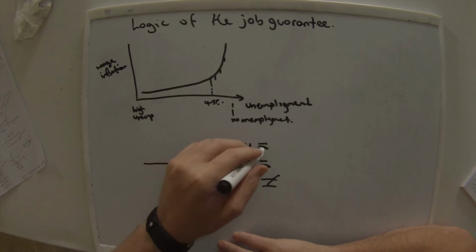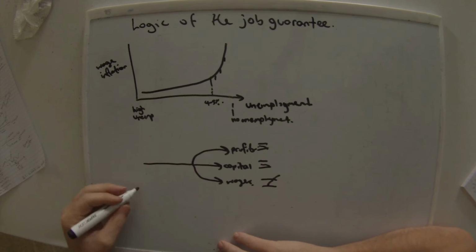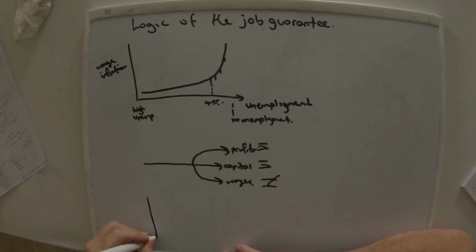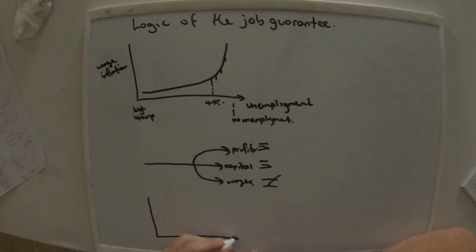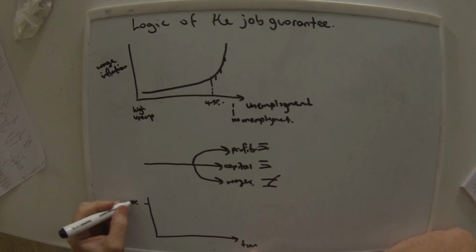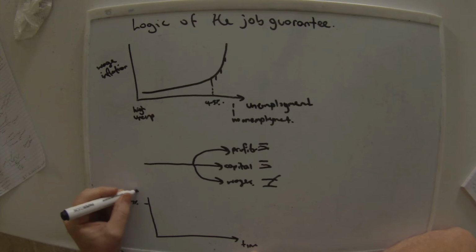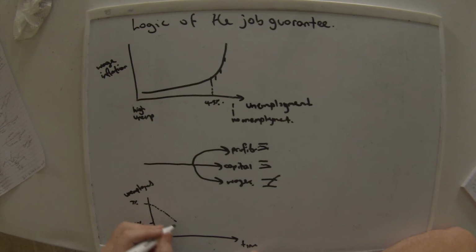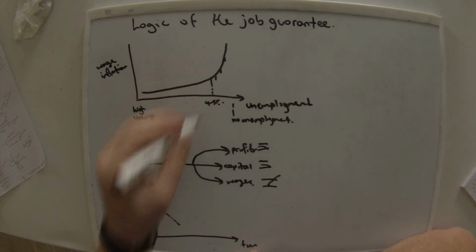And then to get some or any profit, the company has to offload people. So if we draw that as a graph versus time, I'll put like 7% unemployment, this is unemployment on this one, to 4%. So over time in an improving economy, your unemployment rate will drop down and down. And then as you get a bit underneath 4%, your wages will rise rapidly.